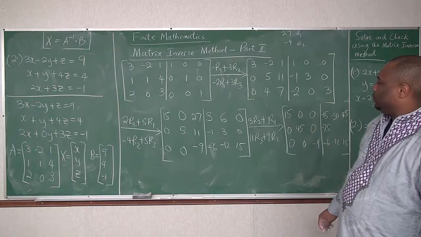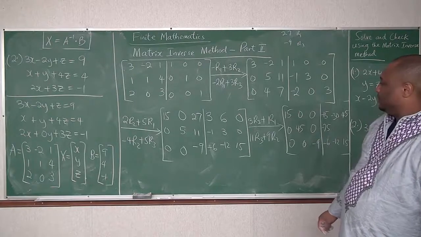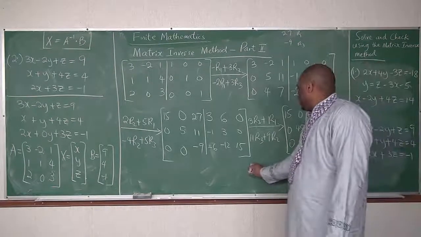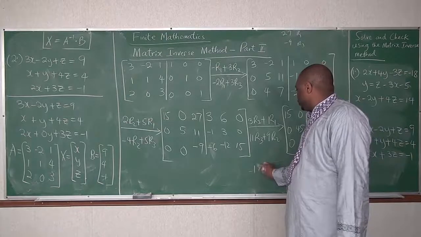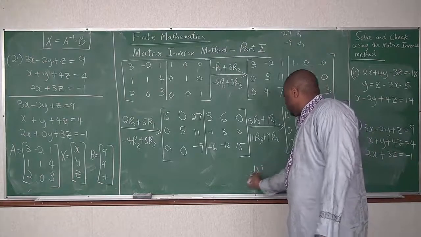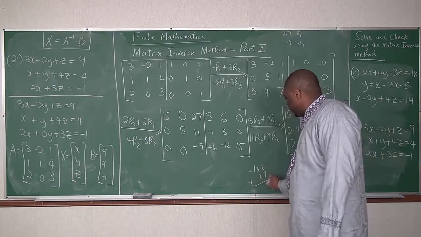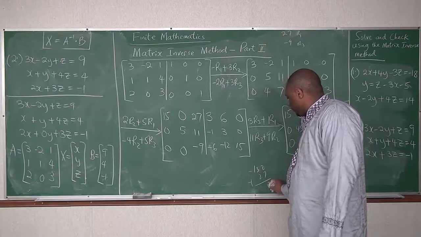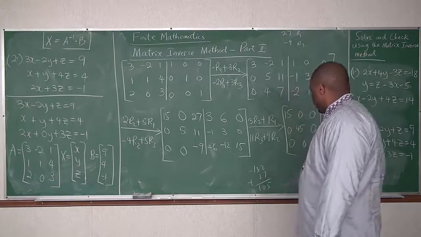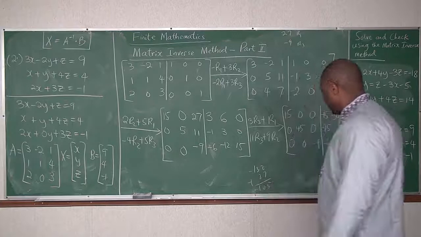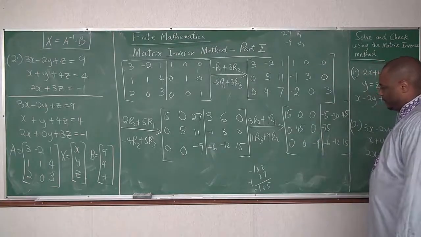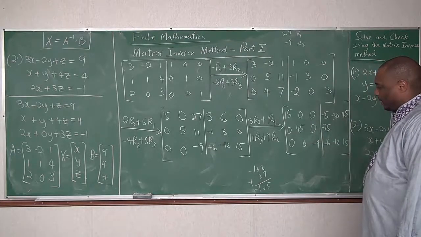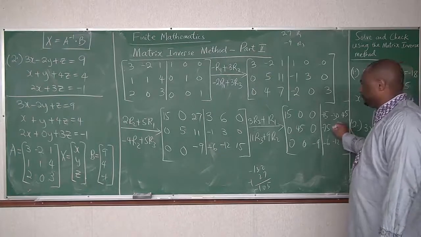Negative 132 plus 27. Right? Negative 132 plus 27 is negative 105.